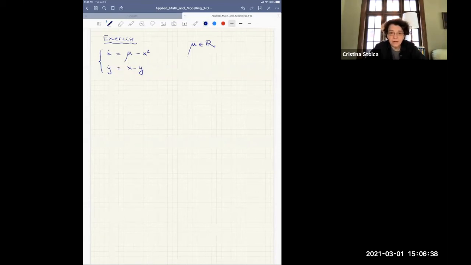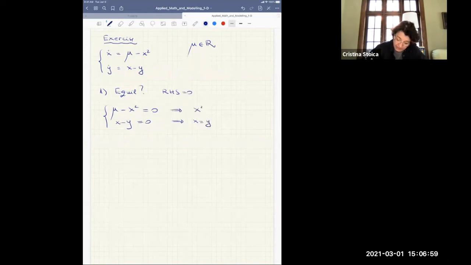Okay. So things start with equilibria actually. So calculating the equilibria, we set the right-hand side equal to 0. So they start being different from the first lines. The second equation says x equals y. But the first equation says x squared is mu. And this one can have solutions or not as mu is positive or negative.